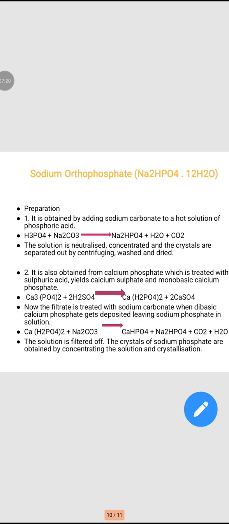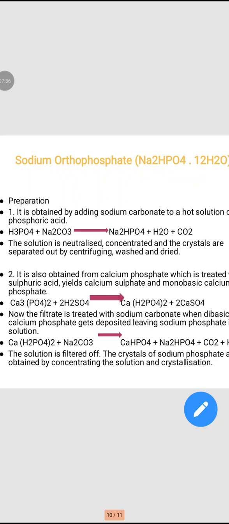The solution is neutralized and concentrated, and the crystals are separated out by centrifuging, then washed and dried.